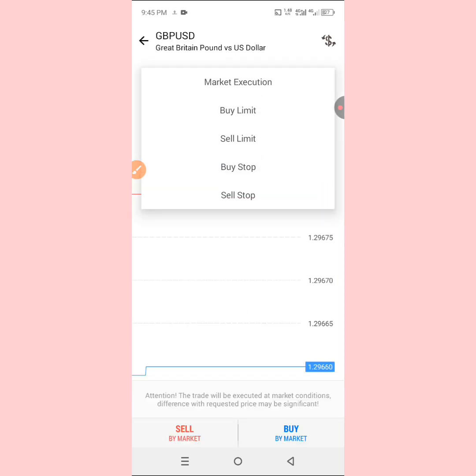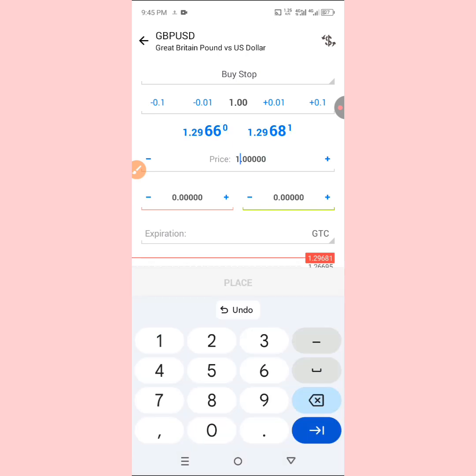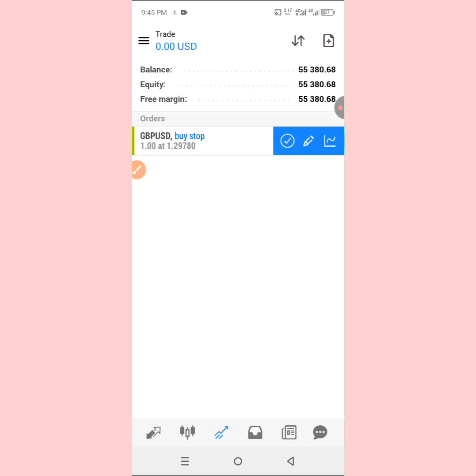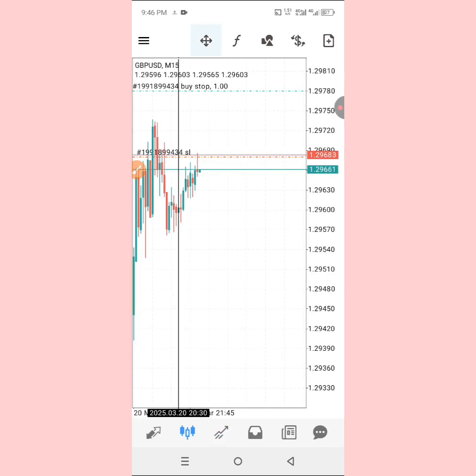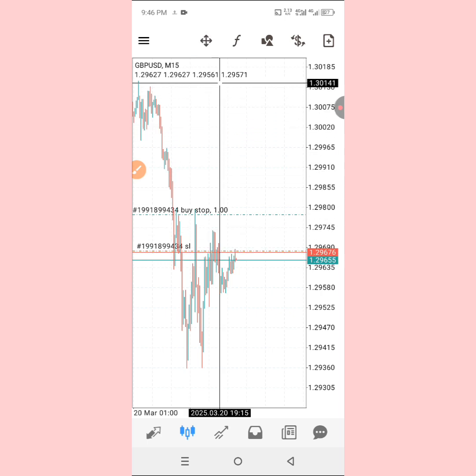So buy stop price 1.2978, then stop loss 10 pips below, 1.2968. Then take profit. Most of the time I go for 1:4 for high impact news only. So that's it. As you can see, this is a buy stop order, and I usually use 1:4 most times.